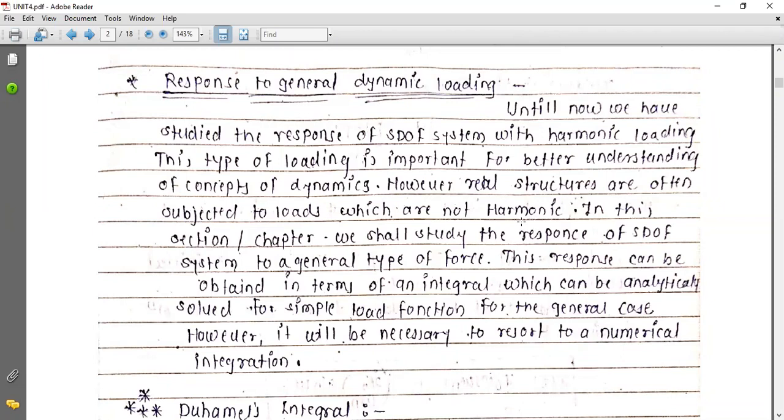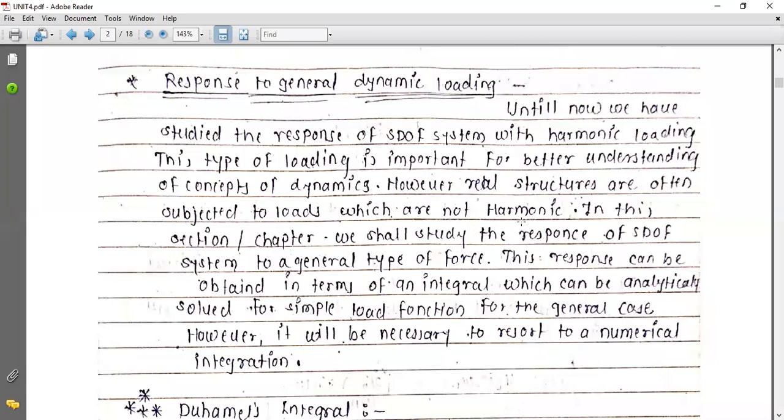In this chapter, we'll study the response of SDOF system to a general type of force, and this response can be obtained in terms of an integral which can be analytically solved for simple load functions. For the general cases, however, it will be necessary to resort to numerical integration.